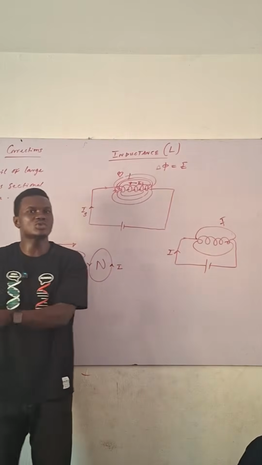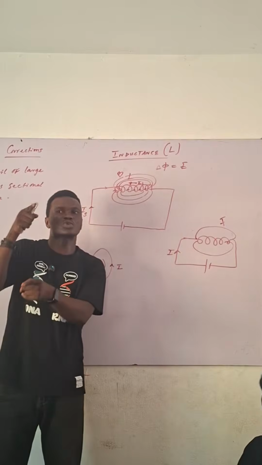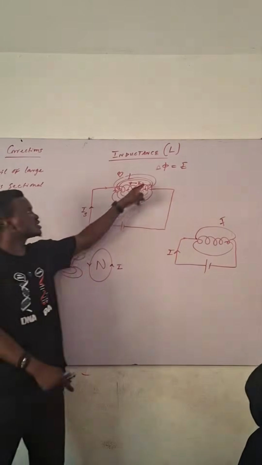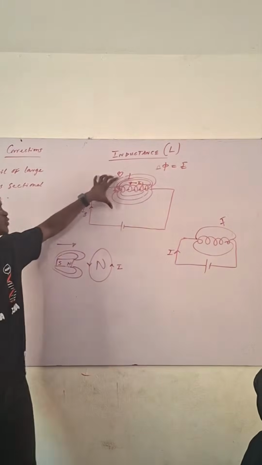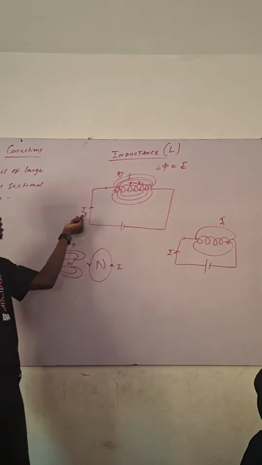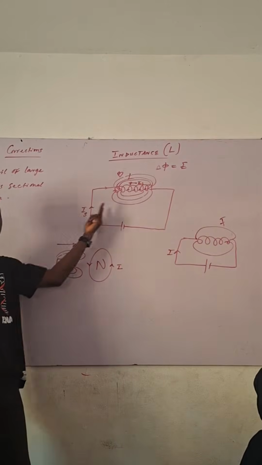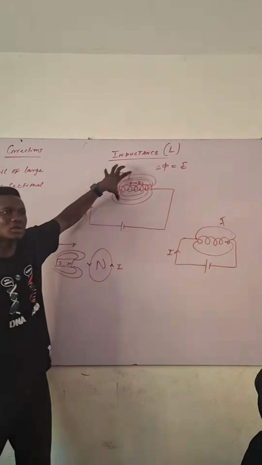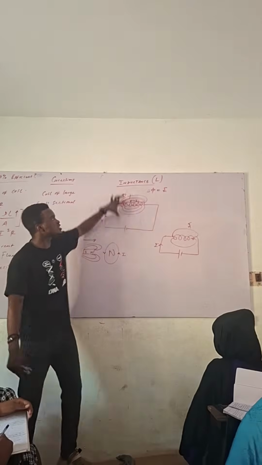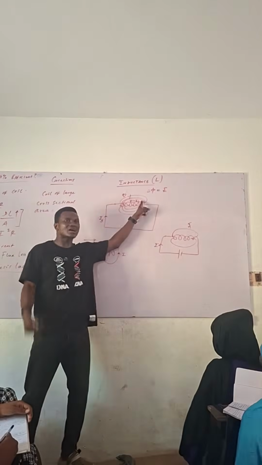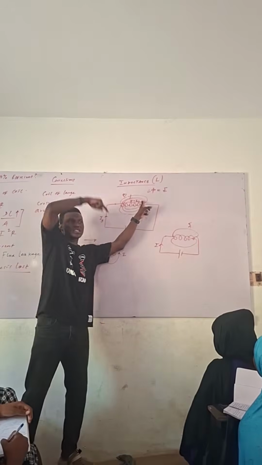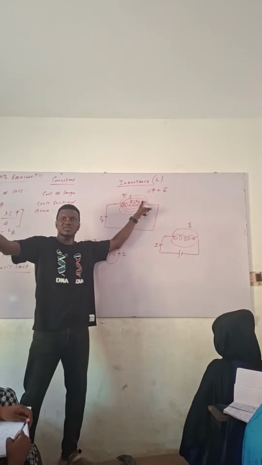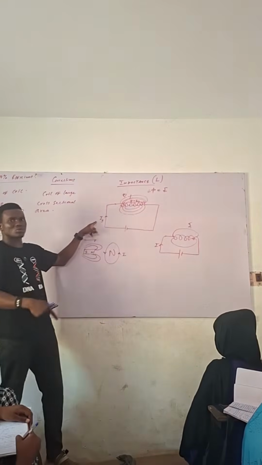The induced current you generate always acts to oppose whatever is generating it. What is generating this current is this field, and what generates this field is this current. So we have used electrical energy to generate a magnetic field, and now we are using the magnetic field to generate another electrical current. But this current always acts according to Lenz's law. We did it in experiments. It always acts to oppose this one.